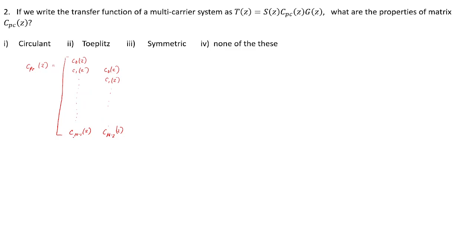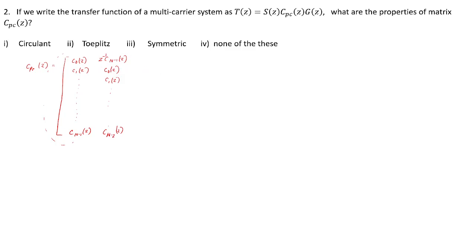Because the last element kind of pops out and goes back here. So C(n-1)(z) appears here. It doesn't go out of the matrix, or you don't eliminate it. It just moves out and enters here, so it's like this in a circular fashion. And by the way, why it's called pseudo-circulant, we'll come to that in a minute. We have a delay term z inverse multiplied here.